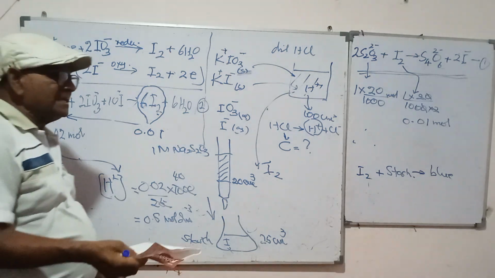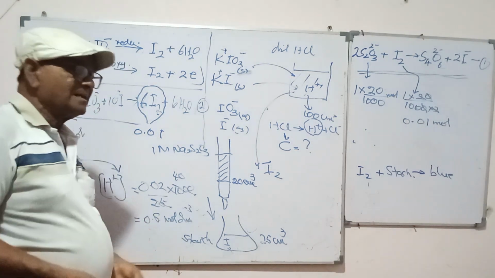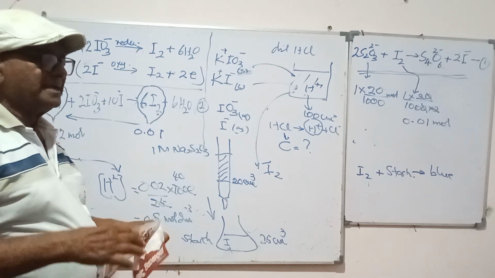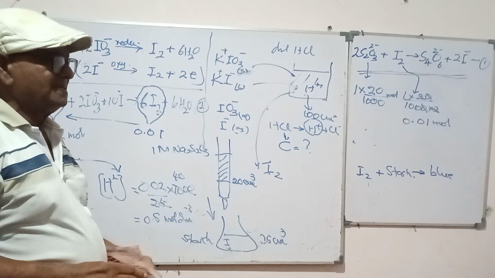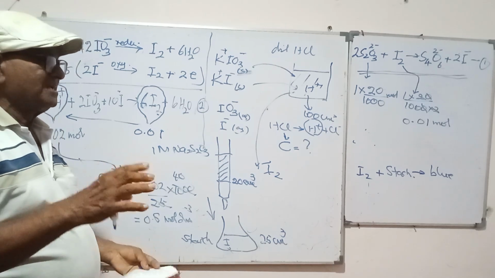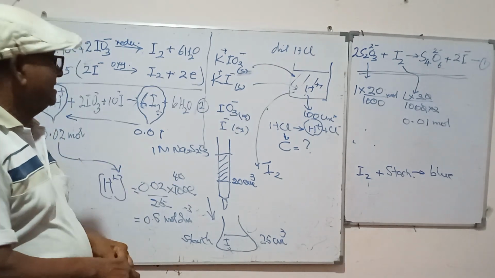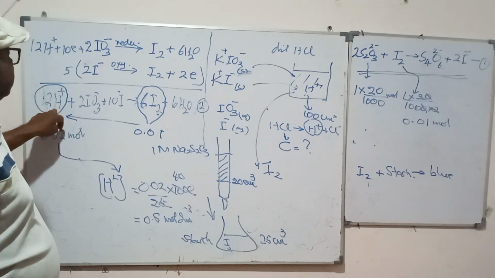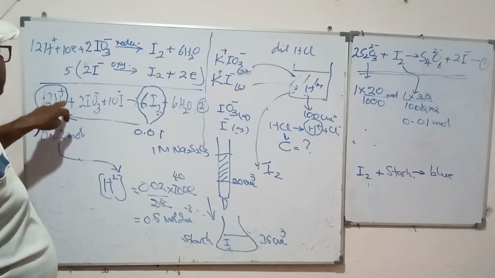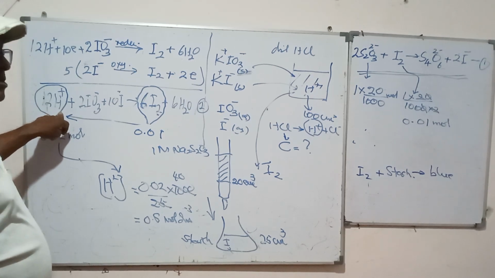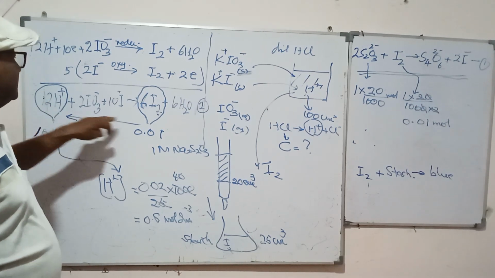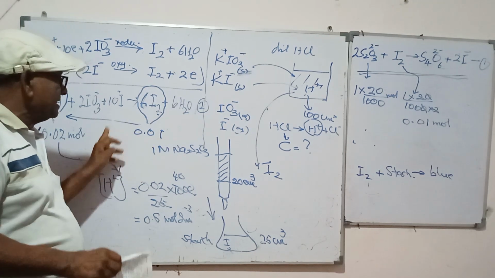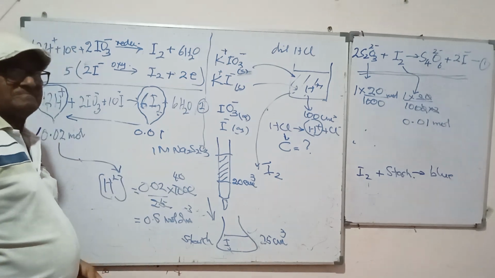Then there are so many ions, different calculations, which underwent reductions. Then now you are clear that you can think about that. Except H plus also, if any ion is present here, we can calculate the number of moles of that ion if we determine the number of moles of I2 in acidic medium.